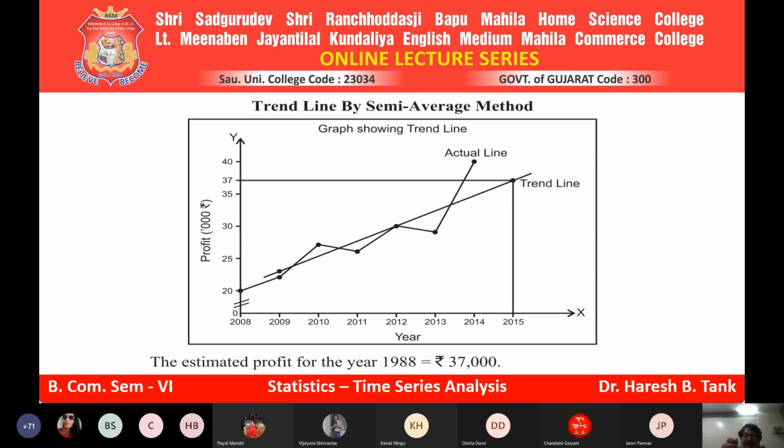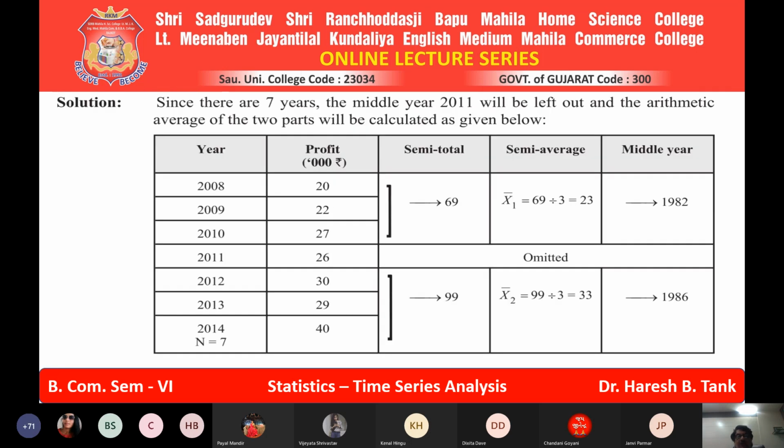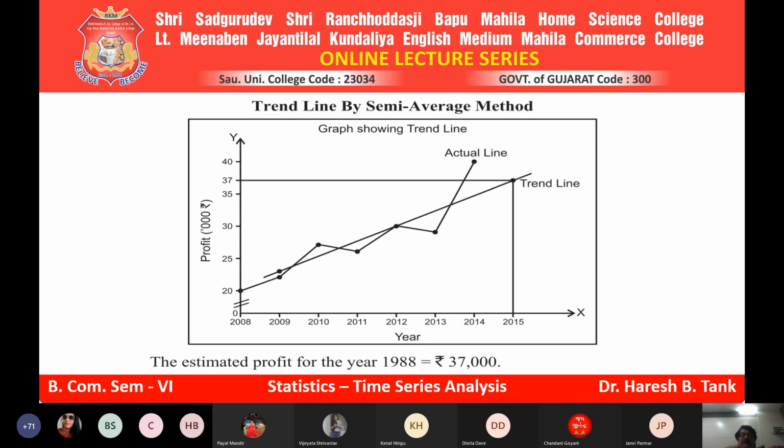What next is to be done? There are 2 points which you have calculated: 2009, 23 and 2013, 33. These are the 2 coordinates which you have to put on this graph paper, and you have to connect these 2 points. By connecting them, you draw a line, and that line becomes the trend line.